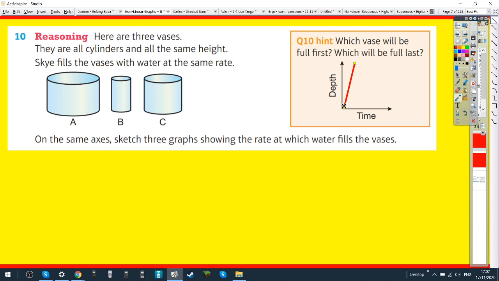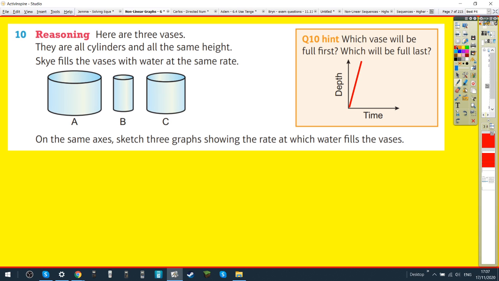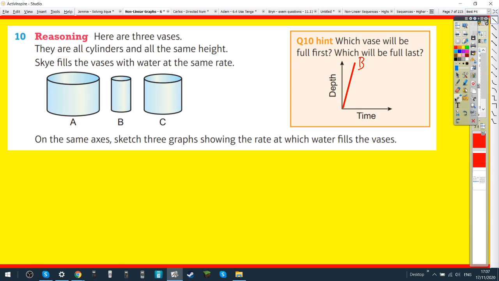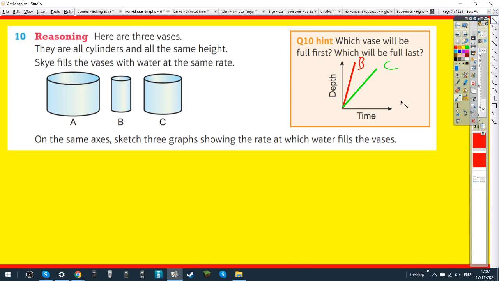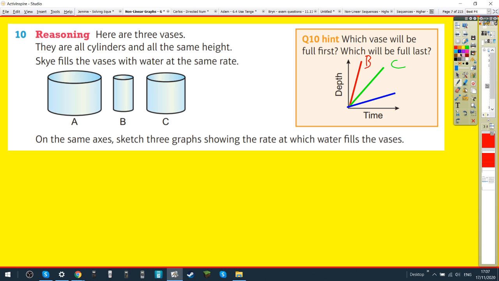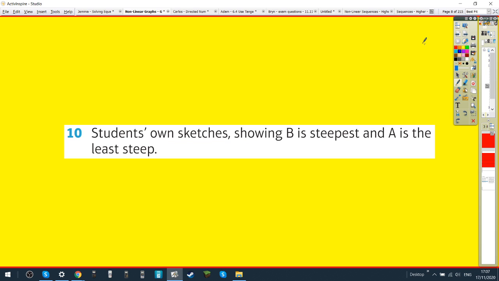Okay. And so how would you be able to tell A and C? C would be below B. And then where would A be? A would be the closest to the x-axis. Yeah, well done. So let's have the smallest gradient take the longest. BCA, something like that. Yes, grand.